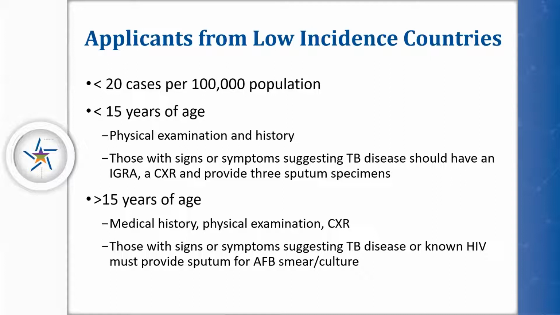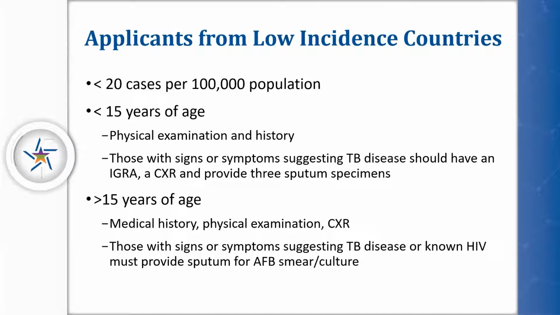You escalate to additional testing if you see signs or symptoms suggestive of TB disease. Then you would add an IGRA, a chest x-ray, and provide 3 sputum specimens.